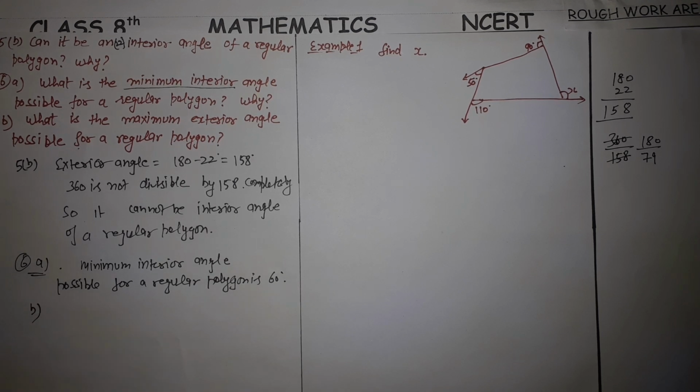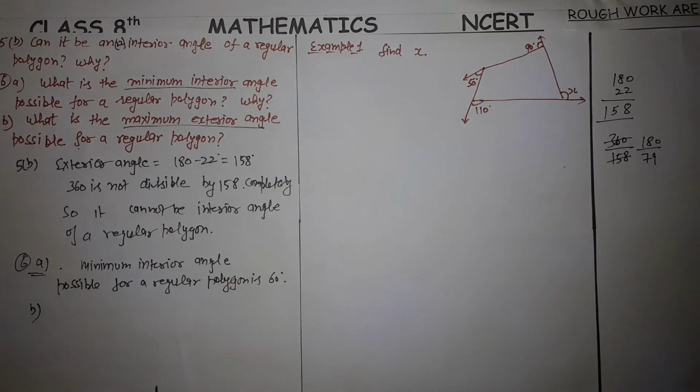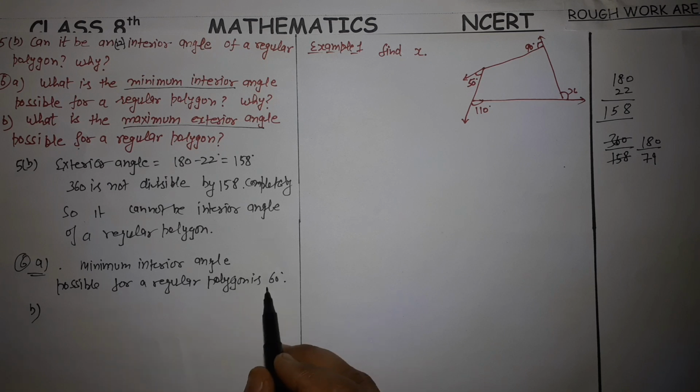Part B. What is the maximum exterior angle possible for a regular polygon? If the interior angle is 60 degree, then the maximum exterior angle is 180 minus 60, which makes 120 degree.